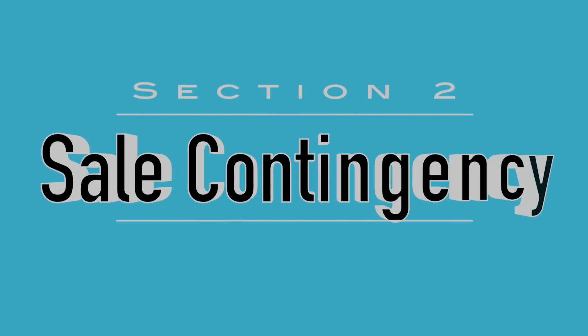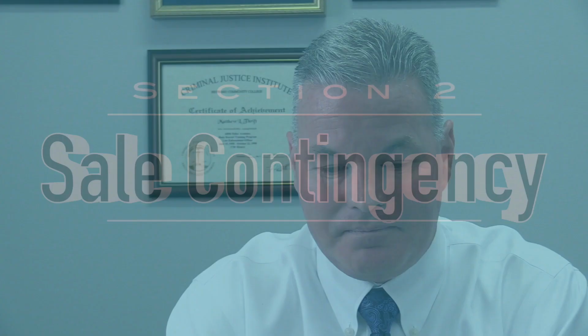words and verbalizations in it that make sure everybody's on the same playing field and that everybody understands exactly what's going to happen if another contract comes in while you're under contract with a buyer that has a buyer sale contingency. So let's look at number 2, the sale contingency. And we'll read it.